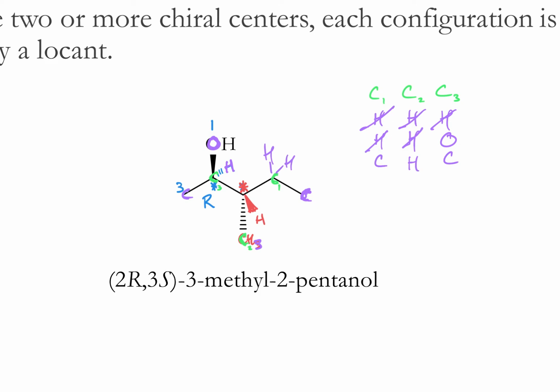So that means the left side with the C3 is going to be group 1. All right. So we don't need to worry about the rest of it. And then between C1 and C2, it's a hydrogen versus a carbon. So carbon 1 wins, making that 2, and that is 3.